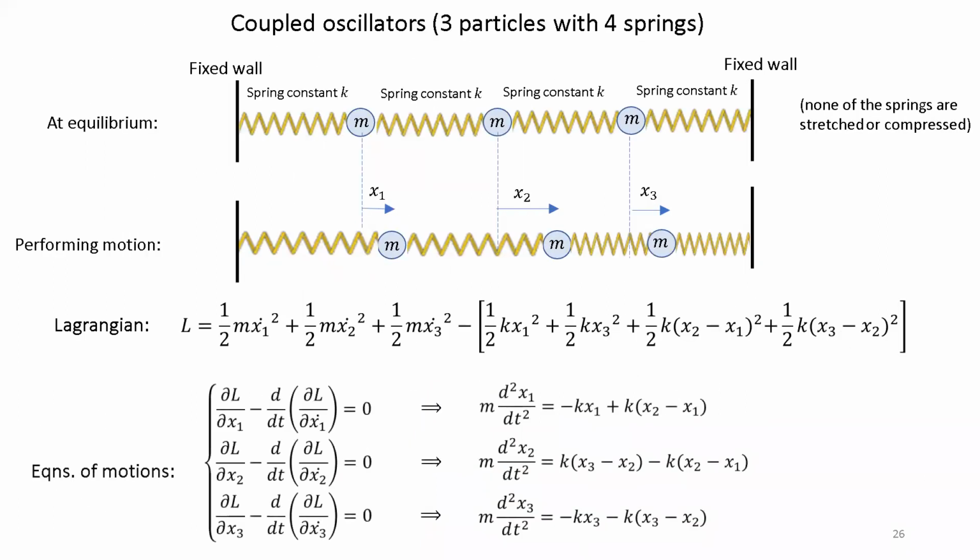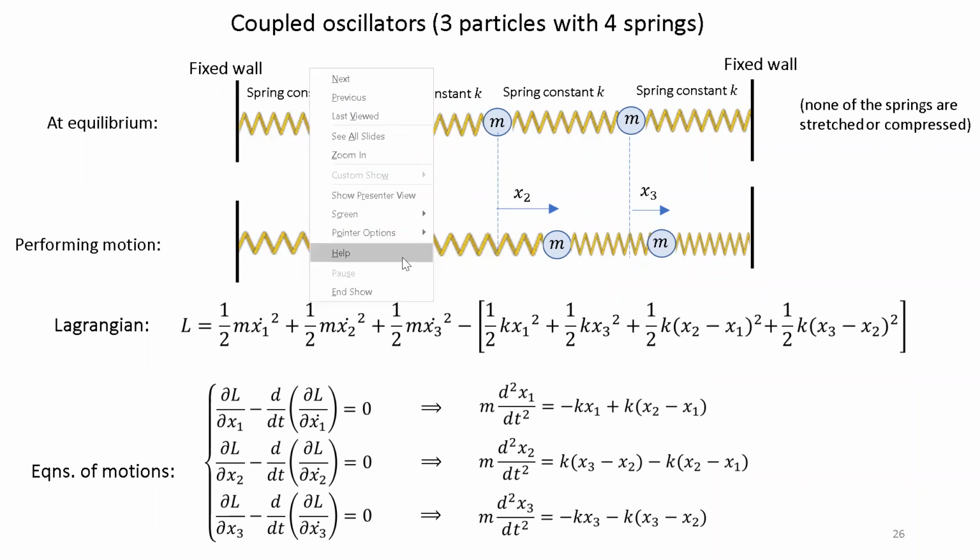Okay, so now let's consider more complicated situations, but you can see that the method itself is exactly the same. Instead of just 2 masses and 3 springs, I have 3 masses and 4 springs, just adding one more unit. Now if I want to solve this system, I just need to write down the Lagrangian first.